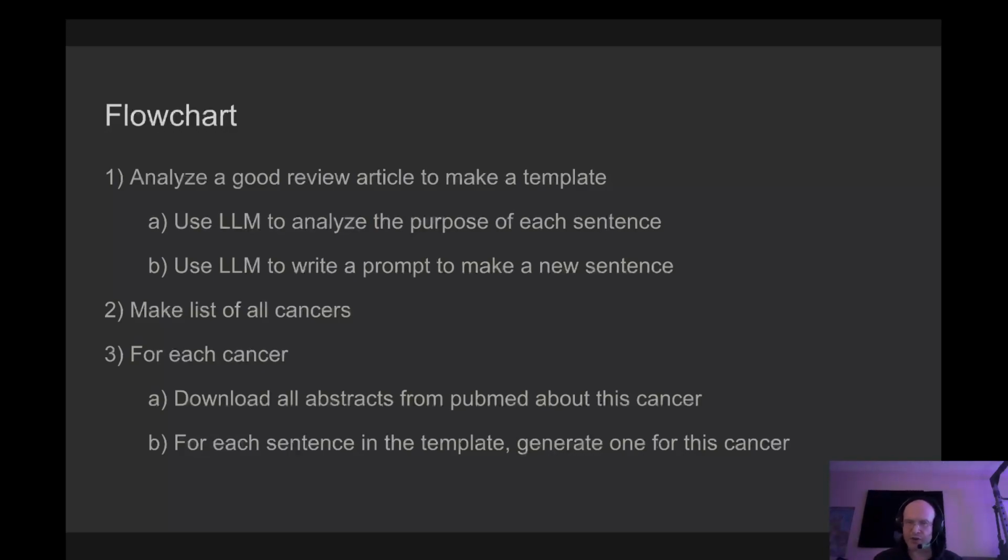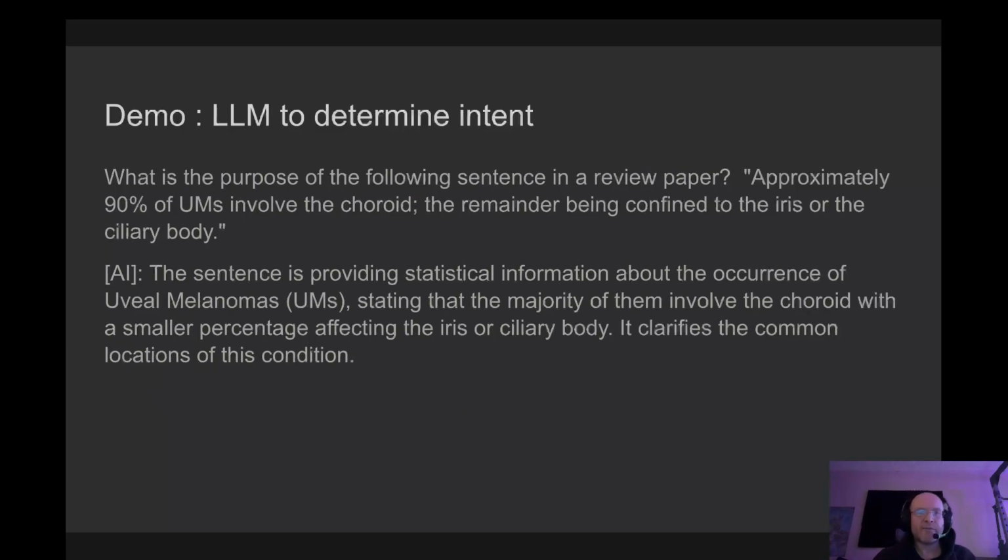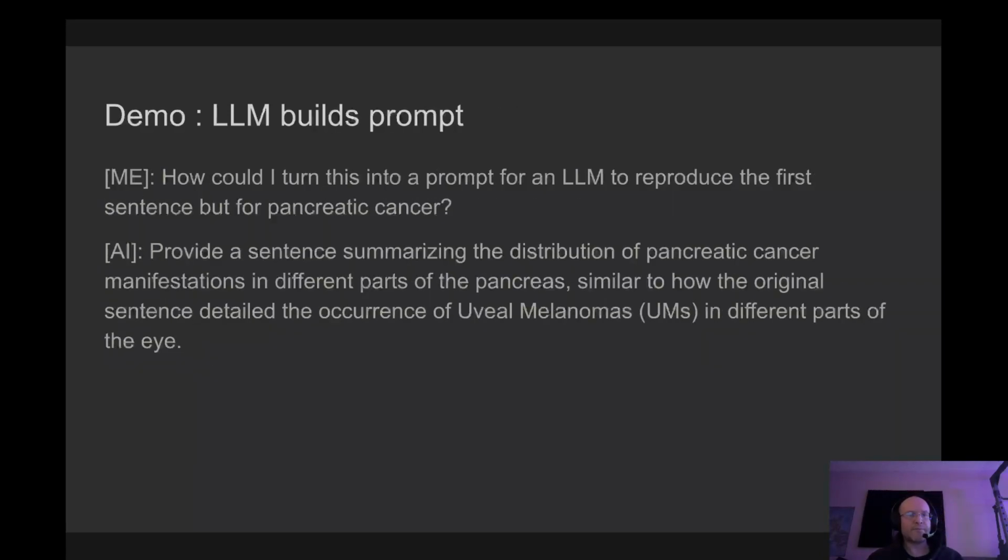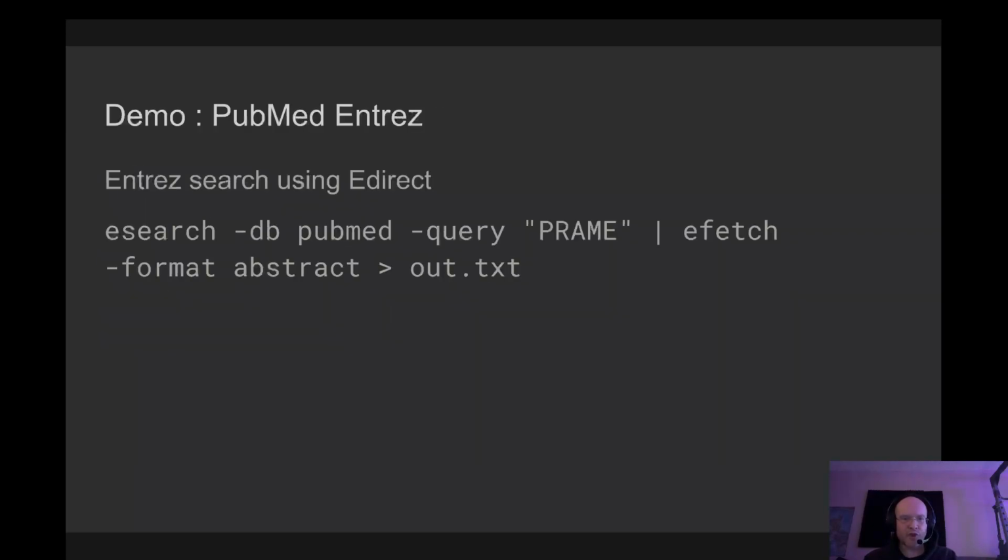So just to show you the demo, we first use the LLM to determine the intent of the authors. So here's the sentence, approximately 90% of the UMs, dot, dot, dot. What's the purpose of that? The AI tells us the purpose of that is to provide statistical information. We ask it to turn that into a prompt, but for the new kind of cancer, and it provides a prompt.